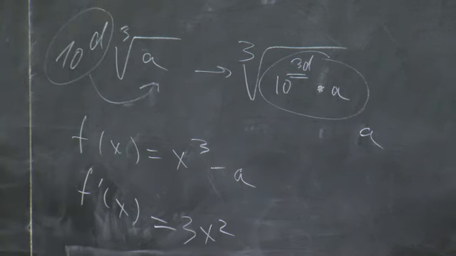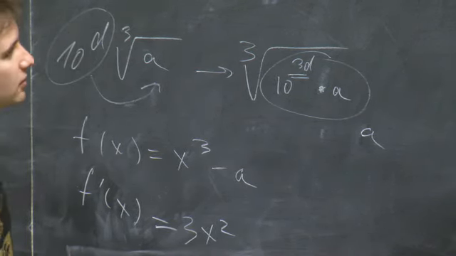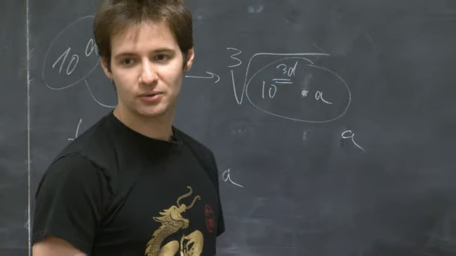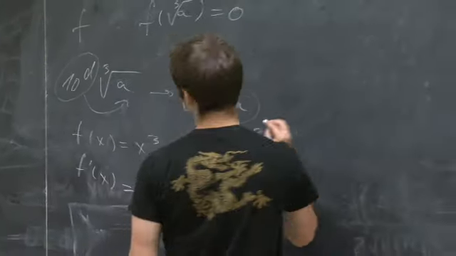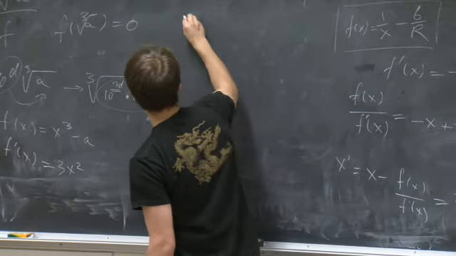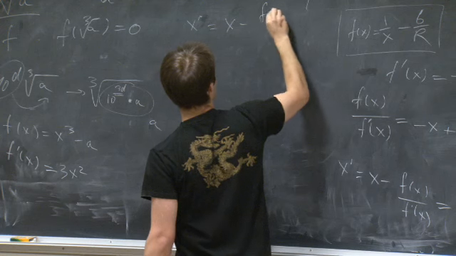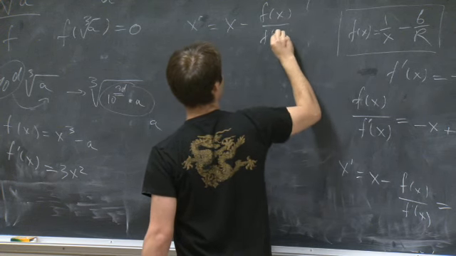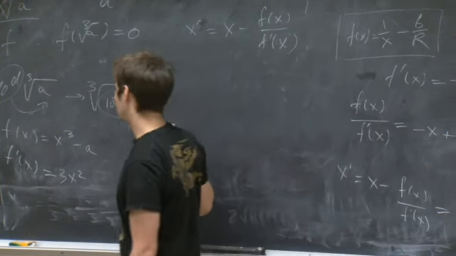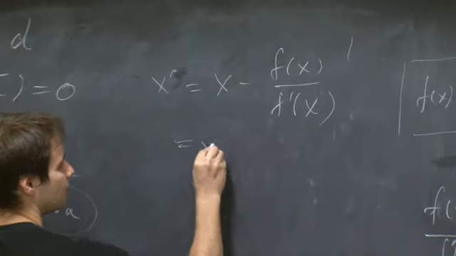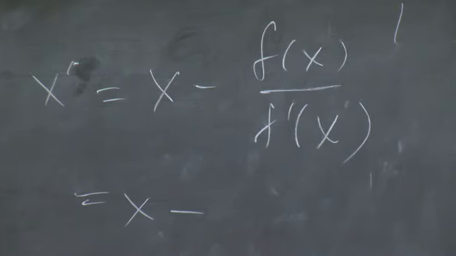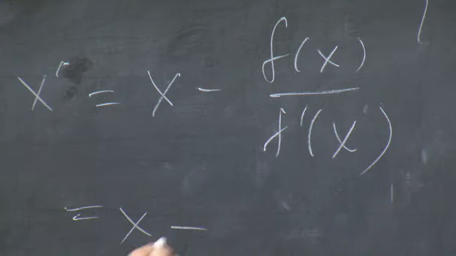OK, so iteration. How do we iterate? We'll say x prime. Let's start with x prime equals x minus f of x over f prime of x. Right? Nice and easy, so we have it here. And this becomes minus, copy these two things, right?